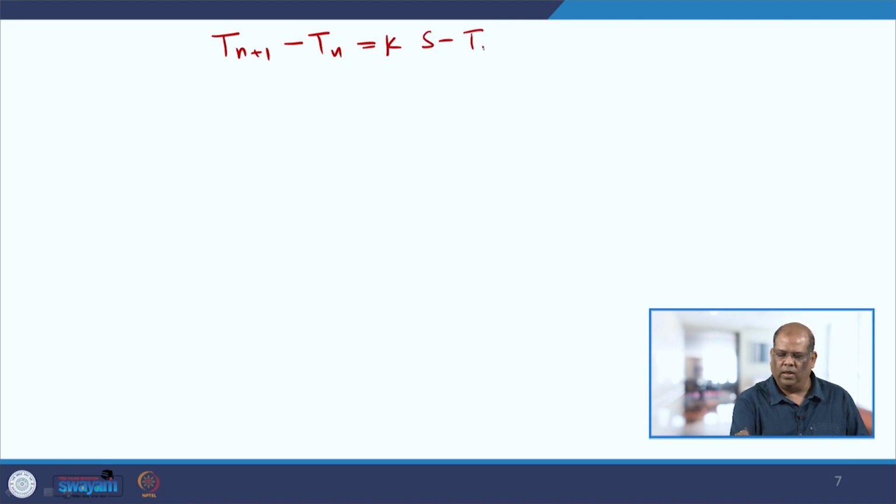So, let us start with Newton's law of cooling, which says T_{n+1} minus T_n is k times the difference between the surrounding and the temperature, S minus T_n. So, if I put n equal to 0, I get T1 minus T0 is k times (S minus T0).